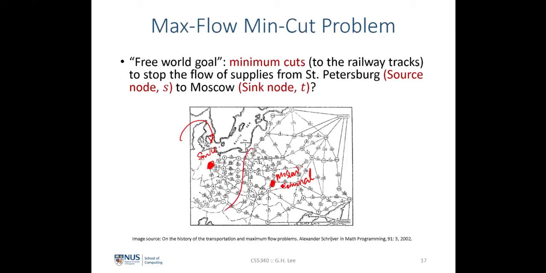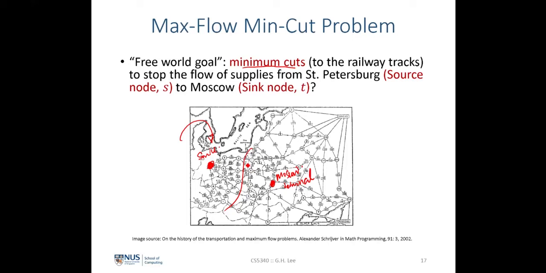By destroying all these links between the important checkpoints in the road network, the goods will be completely stopped from flowing from the source city, St. Petersburg, into the capital city of Moscow in USSR. This is also known as the minimum cut.